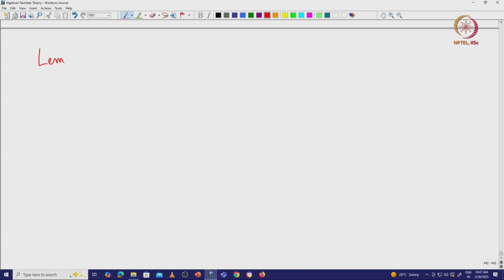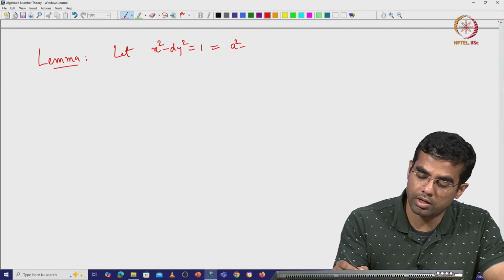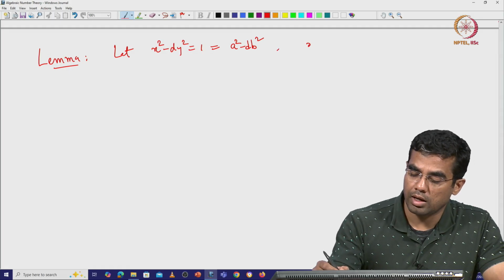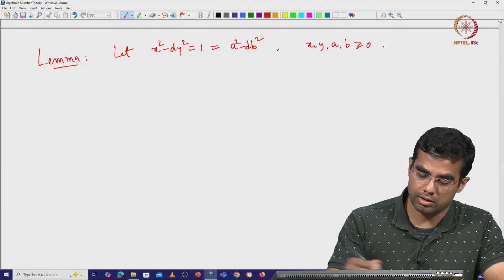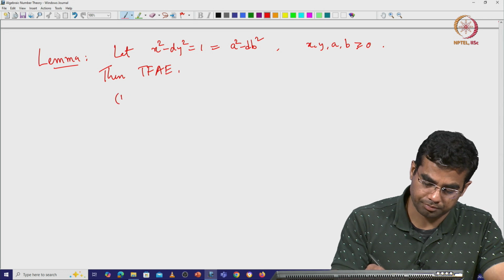So, we were in the middle of proving the following lemma. Let x squared minus d y squared equal 1, equal to a squared minus d b squared, where x, y, a, b are all greater than or equal to 0. Then the following are equivalent.